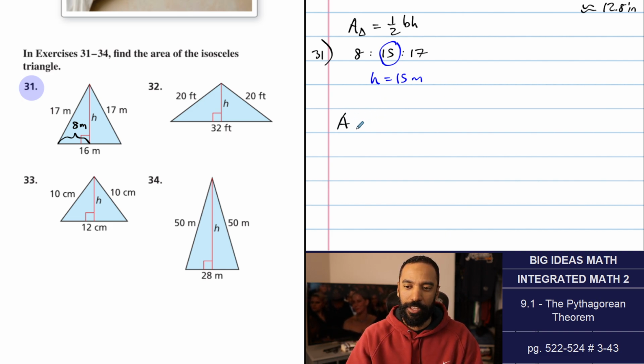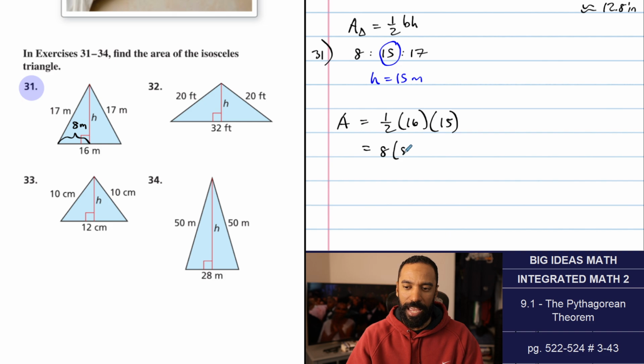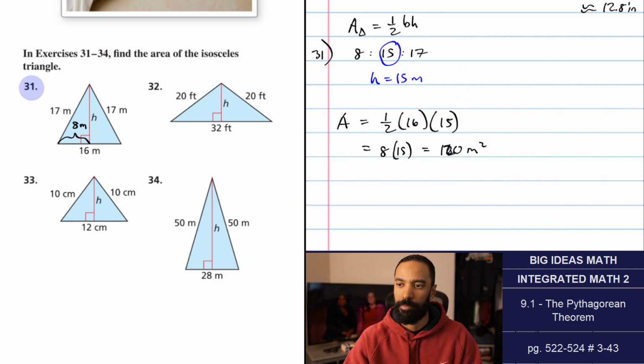So the area of this triangle is going to be 1/2 base 16. Now we're using the whole base, the whole bottom, times the height, because they want the area, right? Times the height 15. Half of 16 is 8, and 8 times 15 is 120. And that's square meters. Let me fix that.